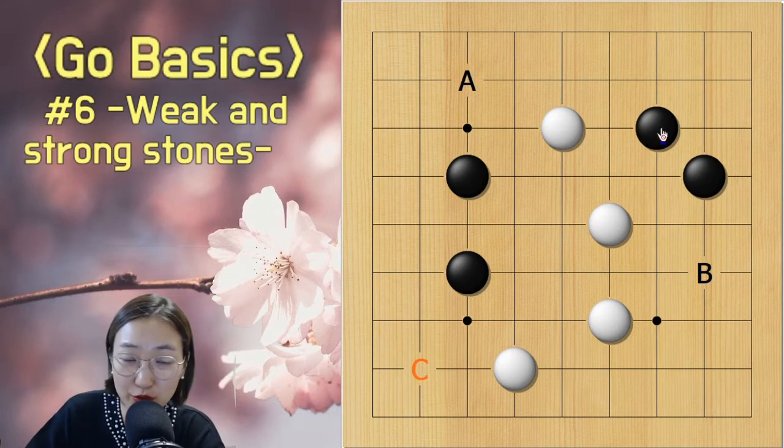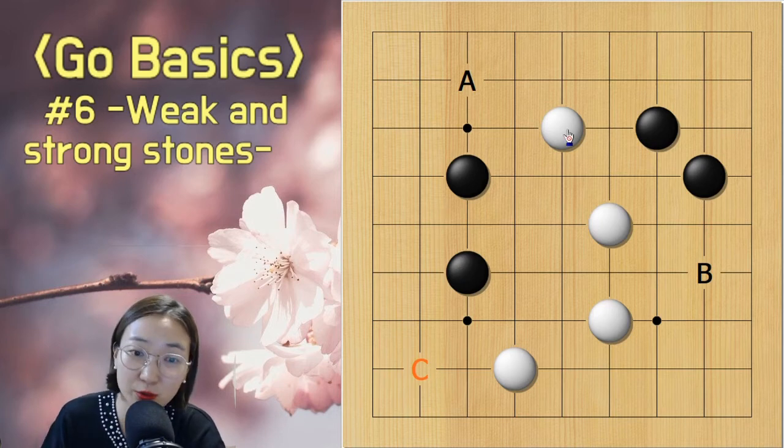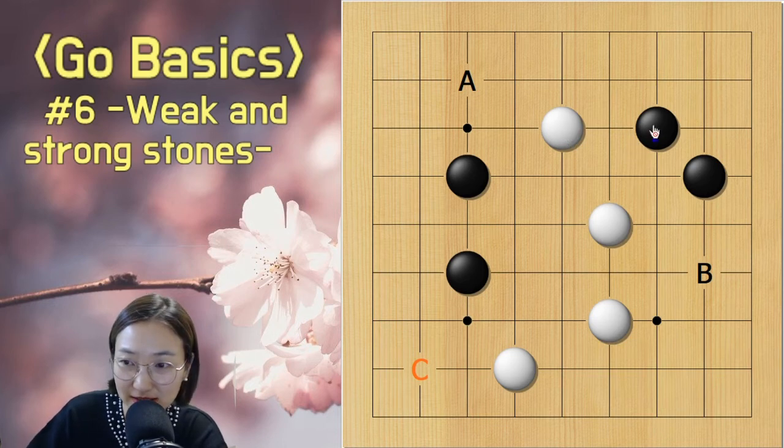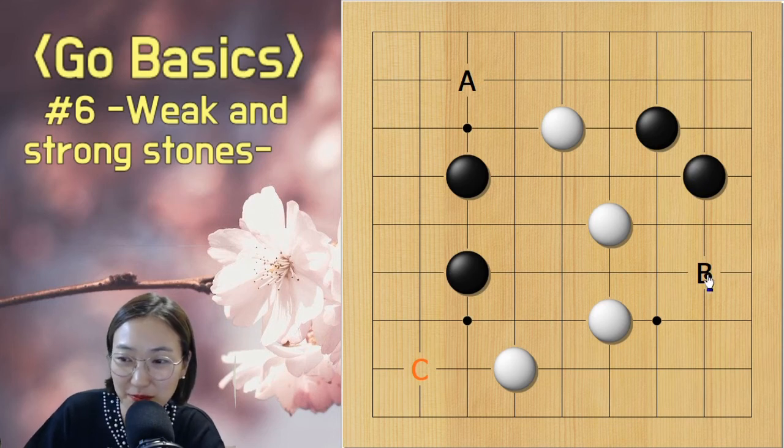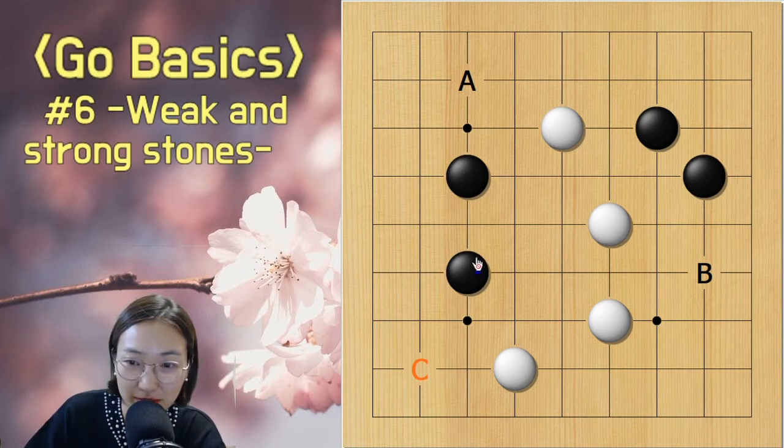Looking at the two groups of black stones here and here, which one has more space to construct a territory? The stones on the right side, since they are clustered together, the space inside is a bit narrow. So the answer is B. On the left side, they are safe because of the paired moves.